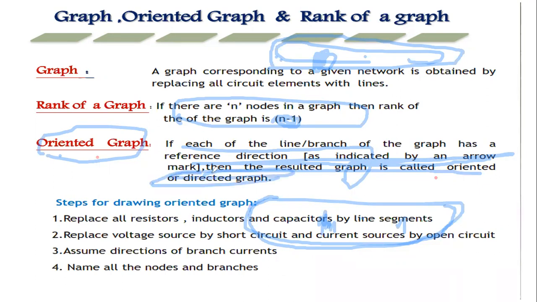It is also called a directed graph or oriented graph. If arrows are there, I will show you in the next slide. And after that, replace all resistors, inductors, and capacitors by line segments. Voltage source by short circuit, current source by open circuit.